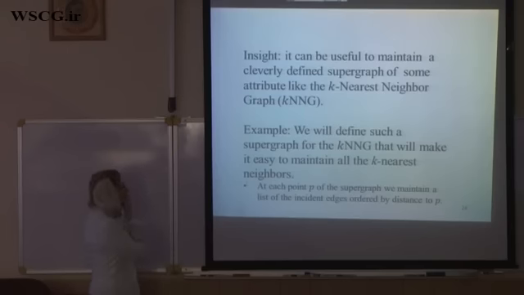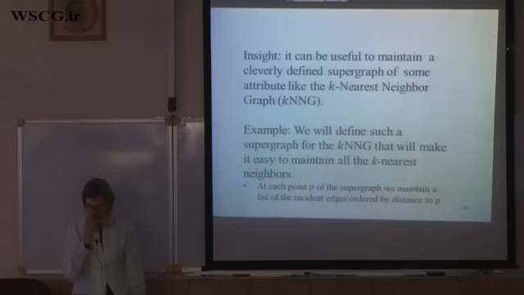Okay, so one insight I think that's a useful technique in some of these problems, this general nice problem-solving strategy, is we're trying to compute something. Sometimes a useful trick can be to compute more than you were trying to compute and then process the superset: find some superset of points, maintain that, and then have a fast way of winnowing it down to what it is you're really looking for.